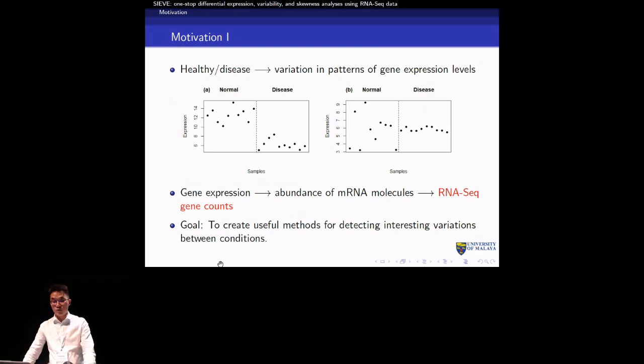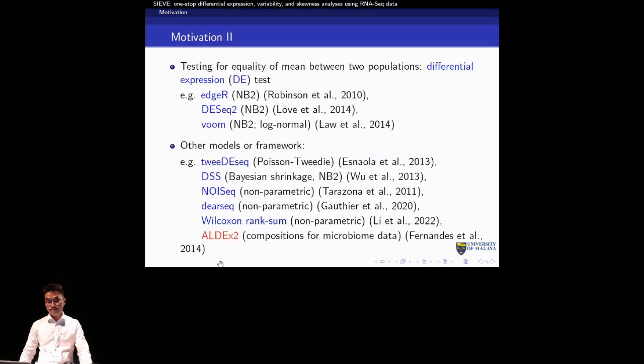And the outcomes of an RNA-Seq experiment are often represented as gene counts. The goal of this work is to create useful methods for detecting interesting variation of gene expression between two biological conditions.